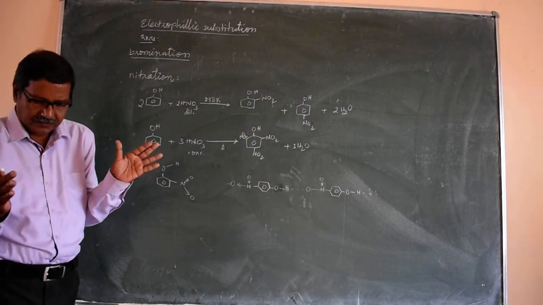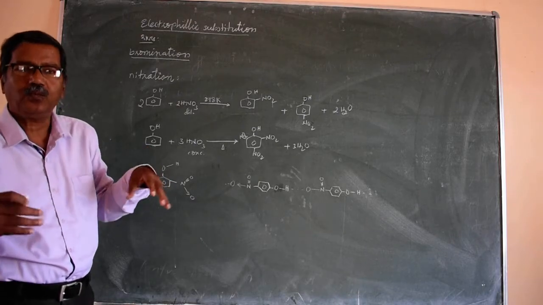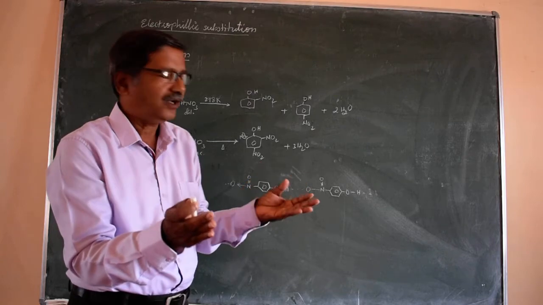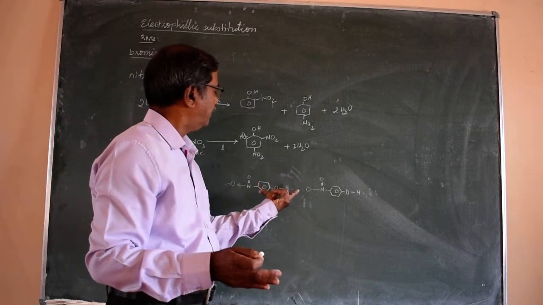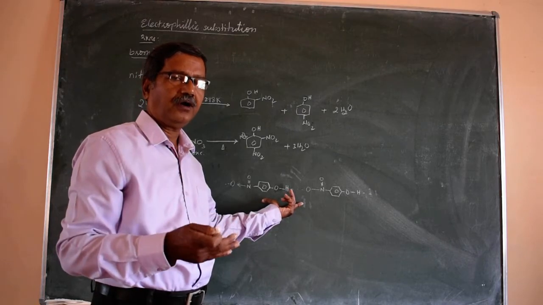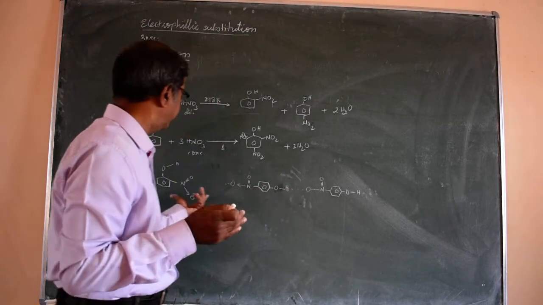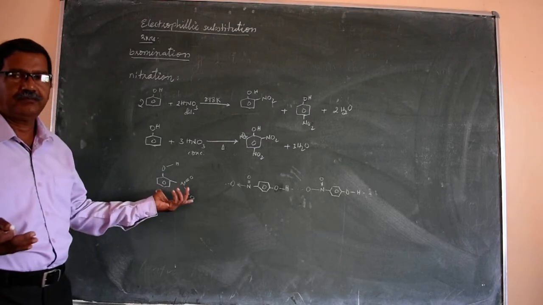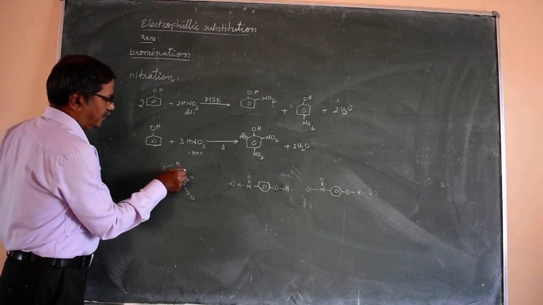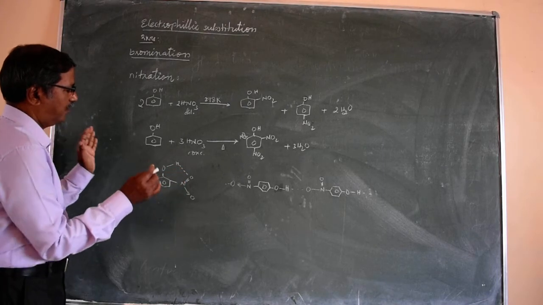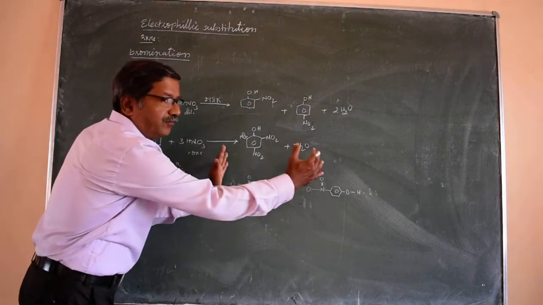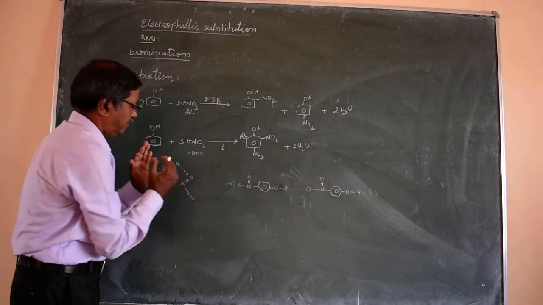We know when molecules undergo association, we need more energy to separate them. That means the boiling point of the intermolecular hydrogen bonded compound is greater than that of the intramolecular one. In intramolecular hydrogen bonding, the hydrogen bonding takes place simply within the molecule. There is no association of molecules. Here, it is simply within the molecule.